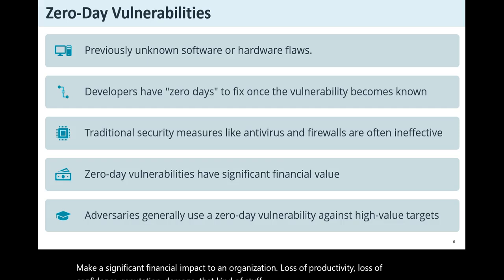Adversaries will generally use a zero-day vulnerability against high-value targets. They want to get the most out of it, because once they release it into the wild and exploit it, they want to get the most they can before the developer, manufacturer, or publisher puts out the fix for it.